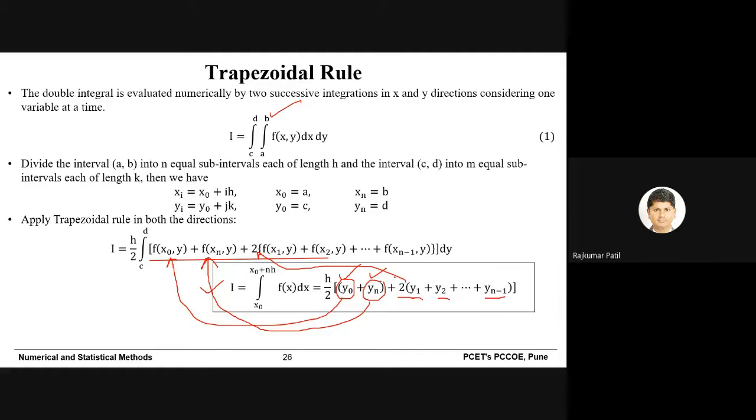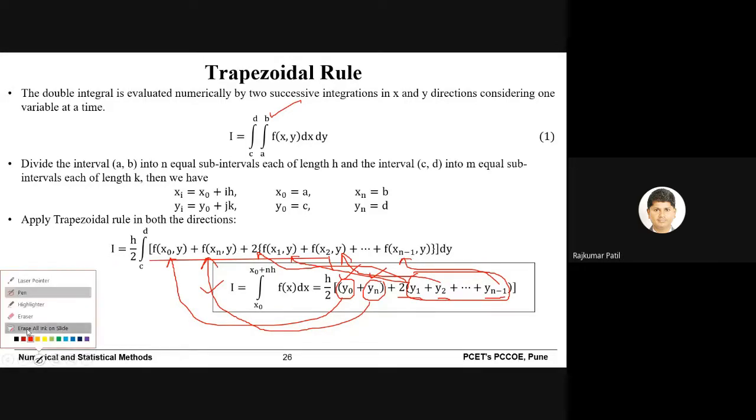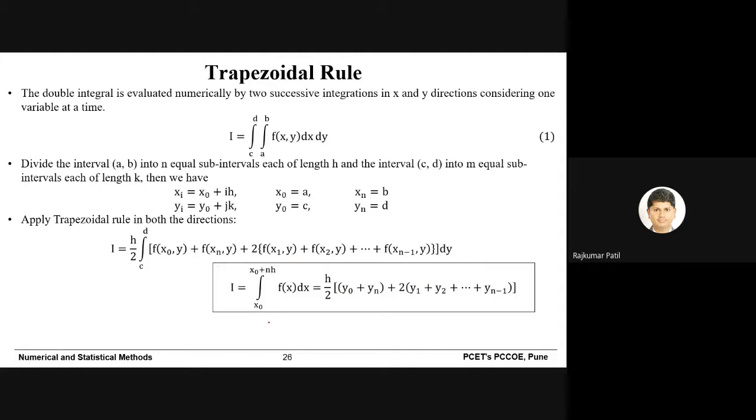So excluding y0 and yn, all remaining terms you will see in the bracket. So y1 is analogous to f of x1 y, y2 corresponds to f of x2 y, and the last term will be f of xn minus 1 y. So you understood that we are applying the trapezoidal rule to the inner part of the integration problem, and we are getting this particular equation.